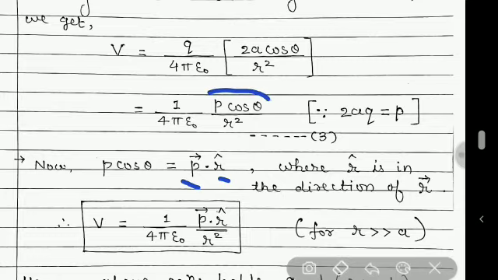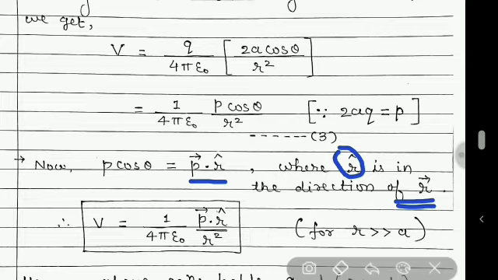So in place of p cos theta, we can write the dot product of vector p and unit vector r. Here this unit vector r is along the direction of vector r.